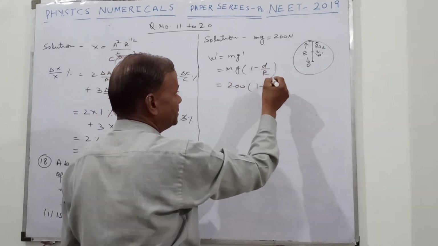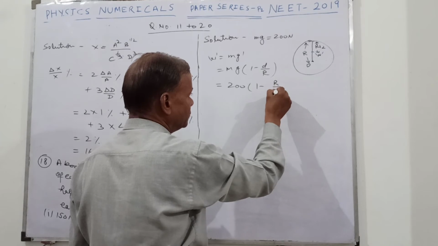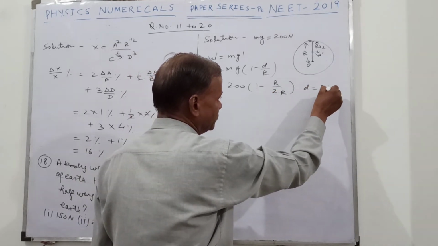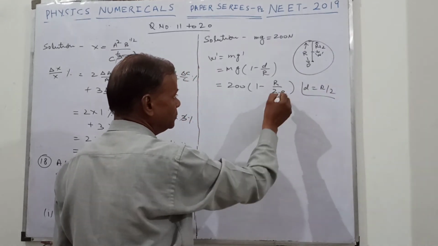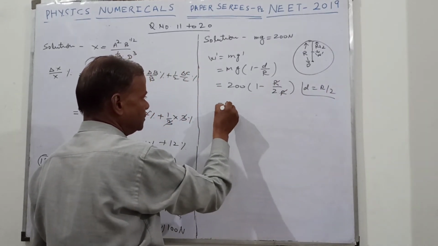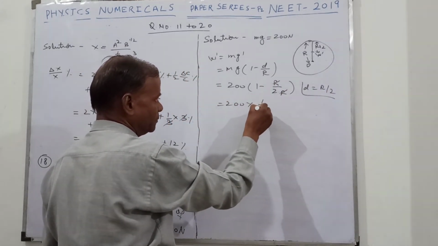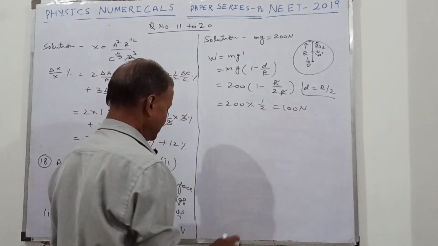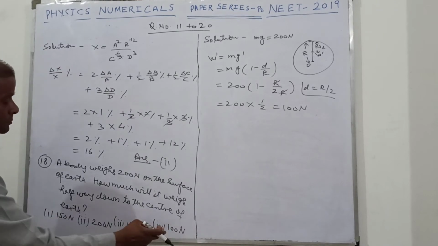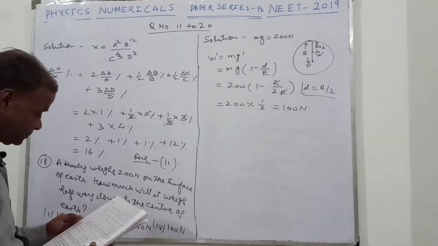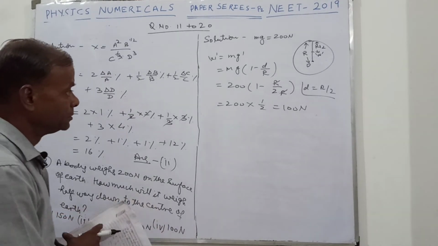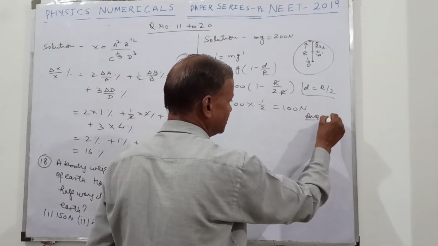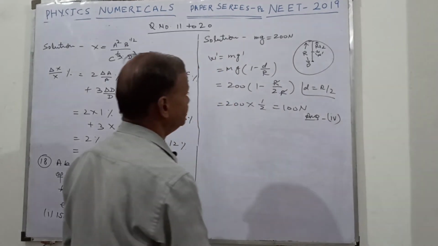This is 1 minus r by 2 upon r. This will cancel. This is now 200 into 1 by 2. So this will be 100. Fourth. So our answer is fourth.